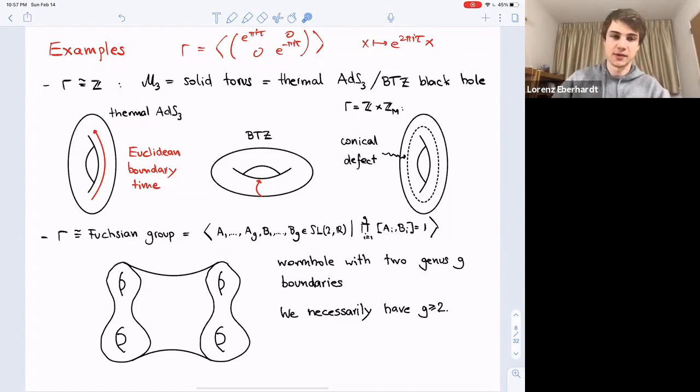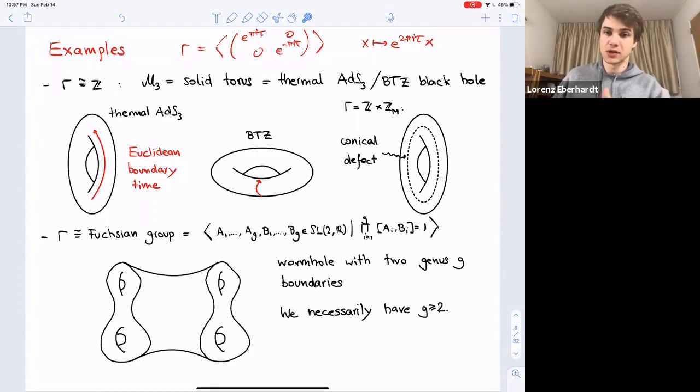The first geometry is thermal AdS3, with a non-contractible thermal cycle, and in the Euclidean BTZ black hole, you have the contractible cycle. Of course, you can also take any linear combination of the two possibilities, and you get what's sometimes called the SL2Z family of Euclidean black holes.